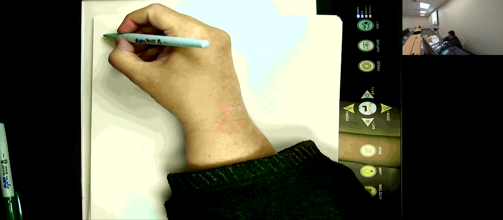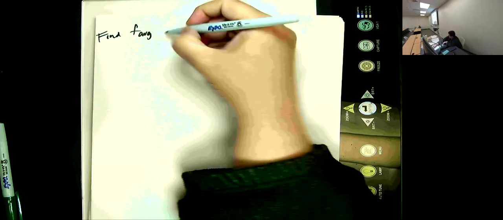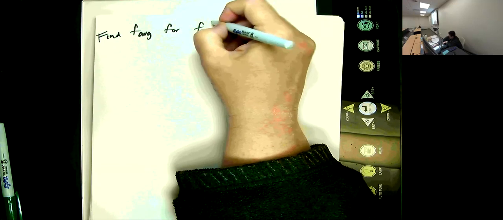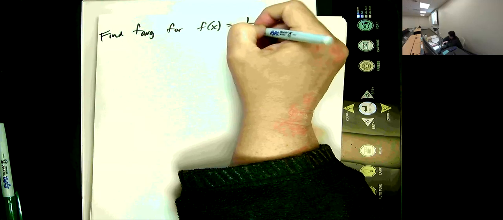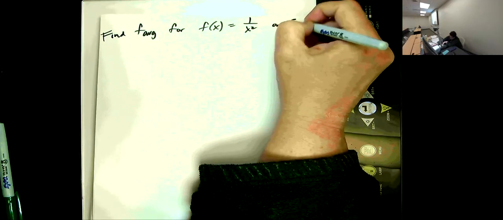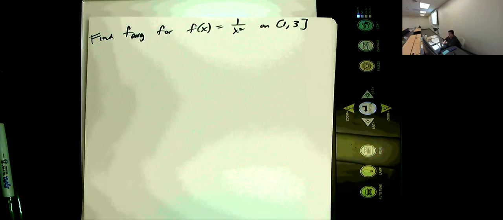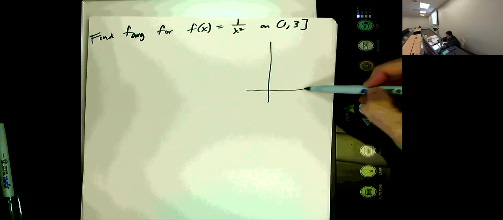So, find f average for f of x equals 1 over x squared on 1 to 3. Pictorially, what do we have going on?